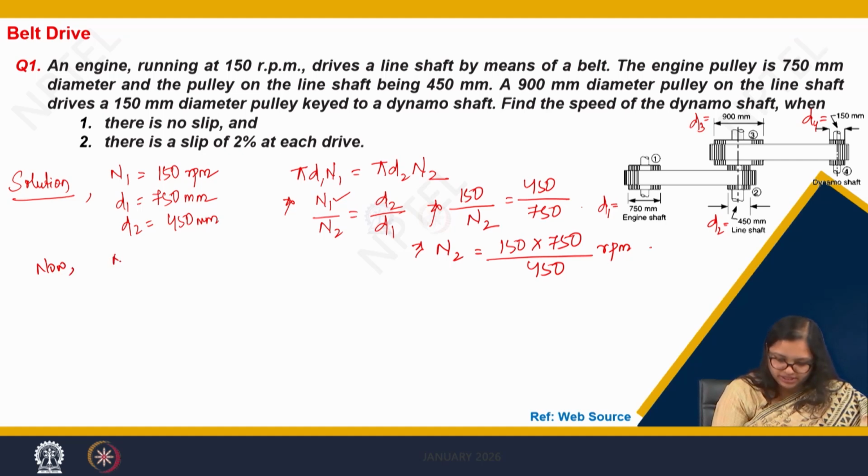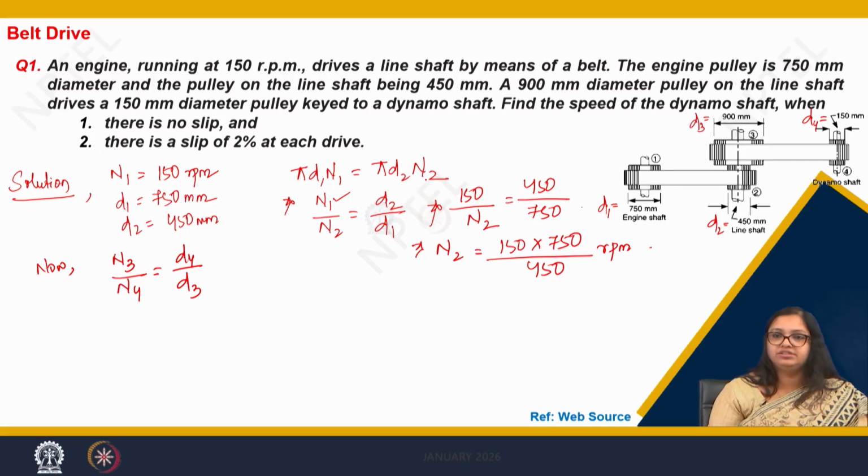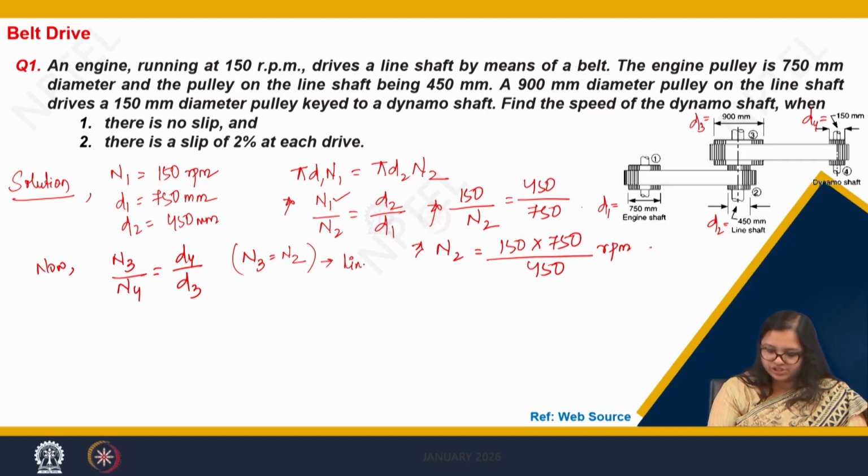Now, when I deal with N3 and N4, N3 by N4 will be equal to D4 by D3. Using the same expression, pi D3 N3 is equal to pi D4 N4. We know that N3 will be equal to N2, since this is on the line shaft.